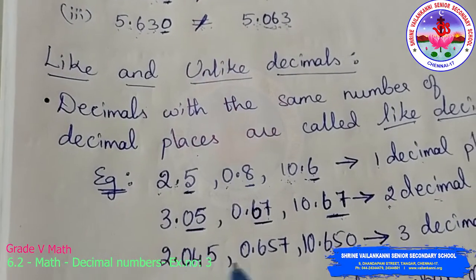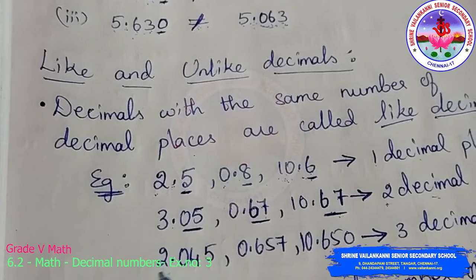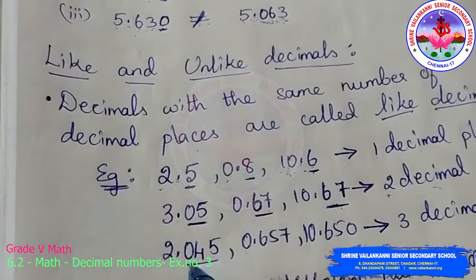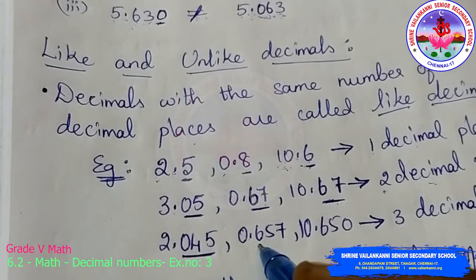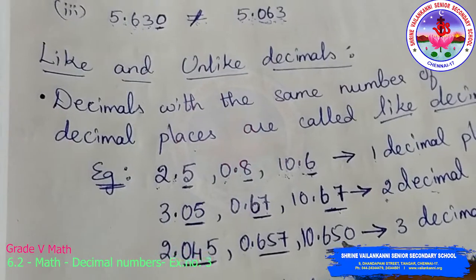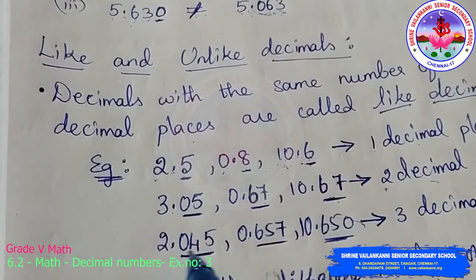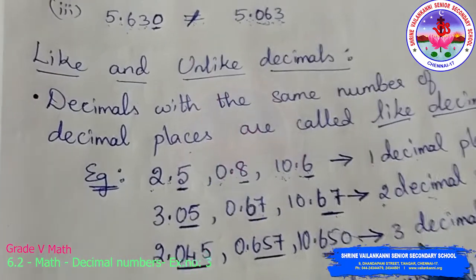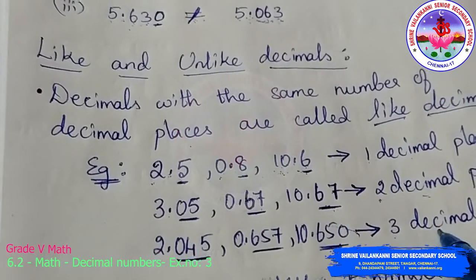Okay, and one more example. So here also I am not going to compare the whole number. After decimal 3 places, after decimal 3 places, after decimal 3 places. So all these three numbers have 3 digits after the decimal. So it is called like decimal and 3 decimal places.